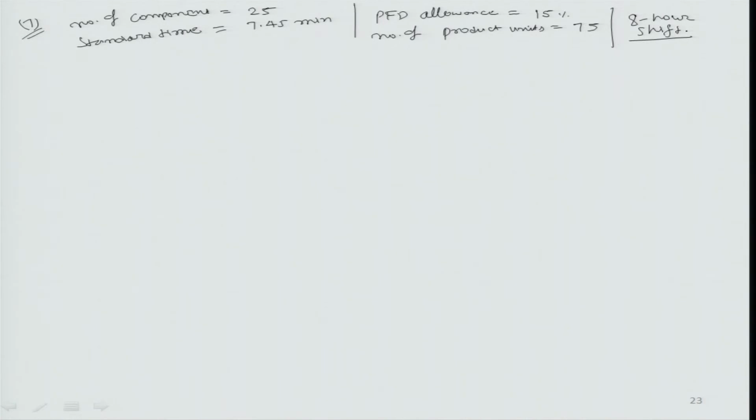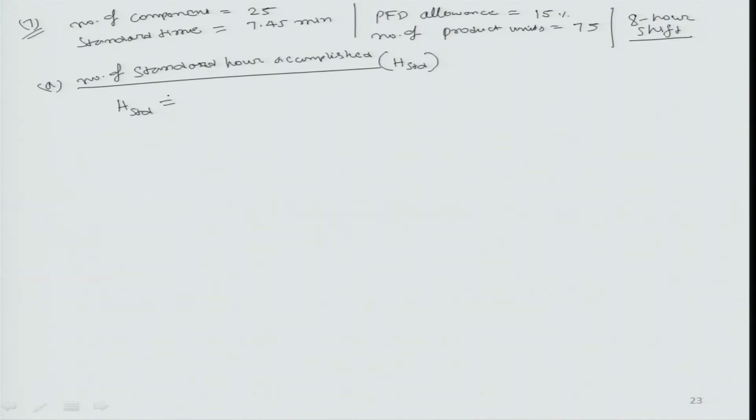So we will have to calculate the number of standard hours accomplished. You can signify it with HSTD, and this will be equal to the number of product units. How many product units were produced? 75.